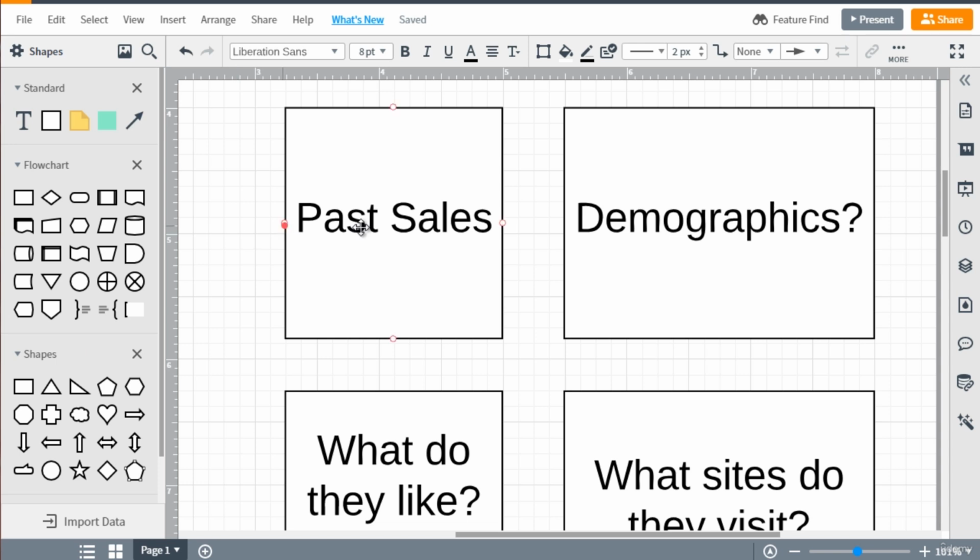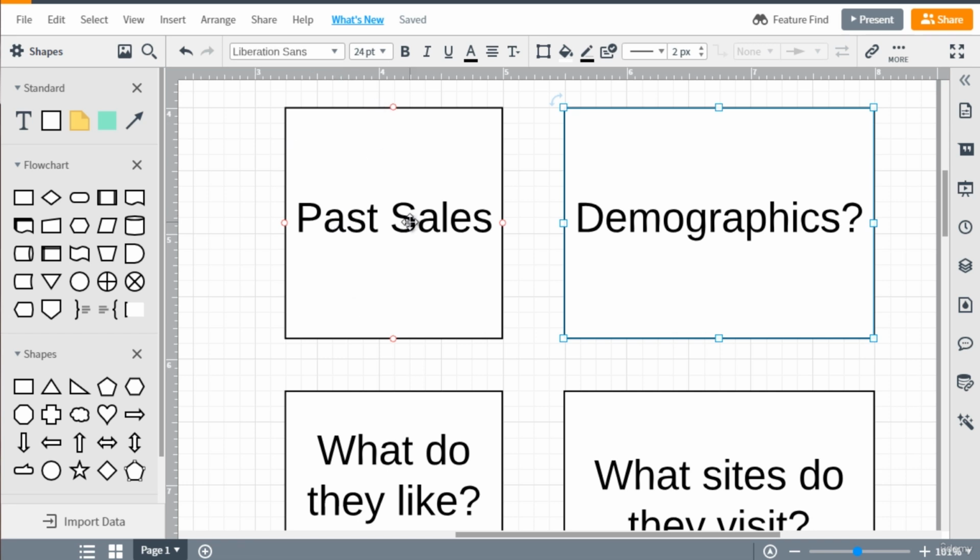Now, if you don't have any past sales, then you're going to need to get an idea of this. You can create the demographic data and start testing, but you're not going to know 100%. All this is doing is giving you a first step. This is not set in stone, and it's not going to be forever.